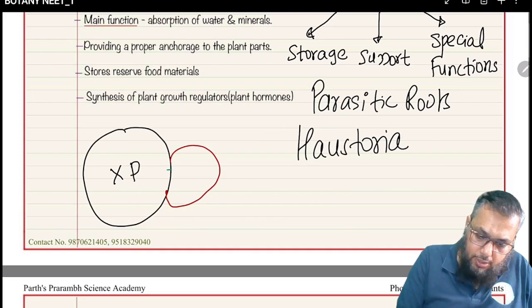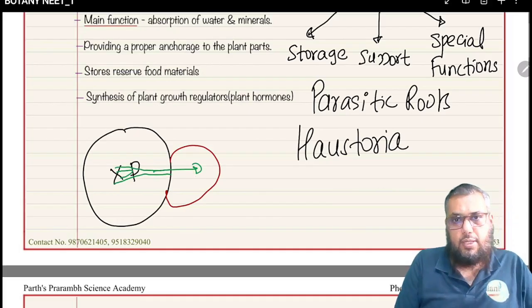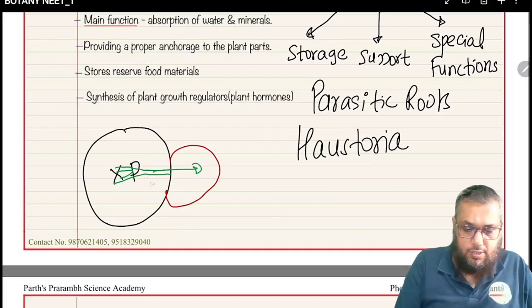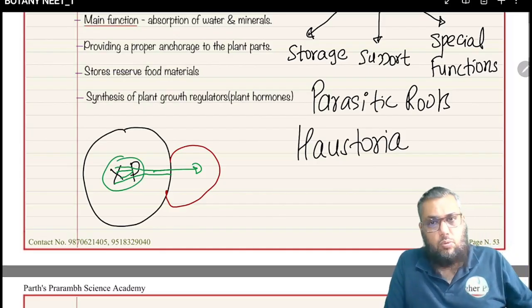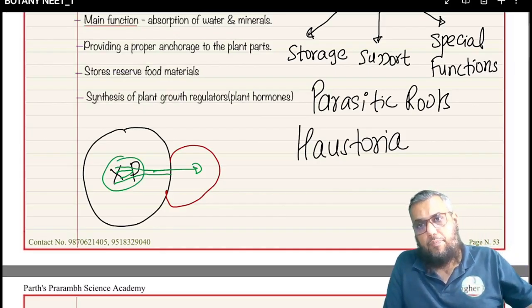They can reach the xylem and the phloem and derive nutrition for this plant. So we'll say that's a total parasite which has reached xylem as well as phloem. Example is Cuscuta, जिसको हम लोग हिंदी में अमरवेल कहते हैं.